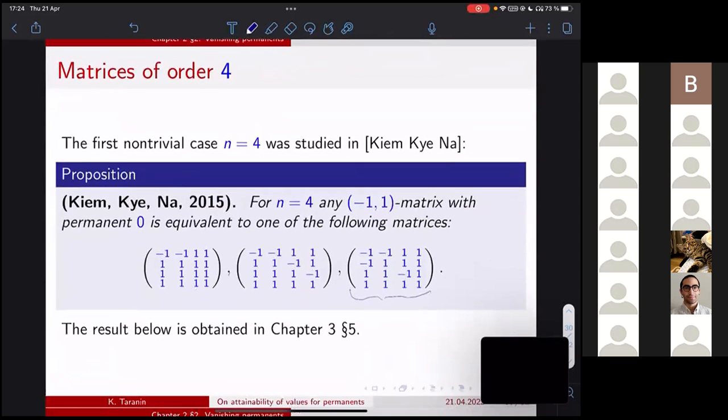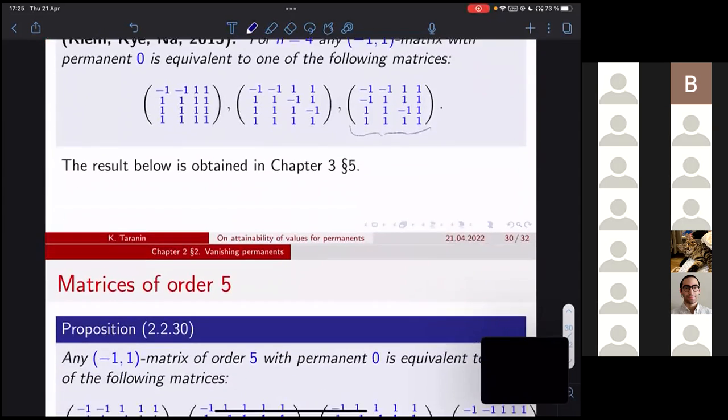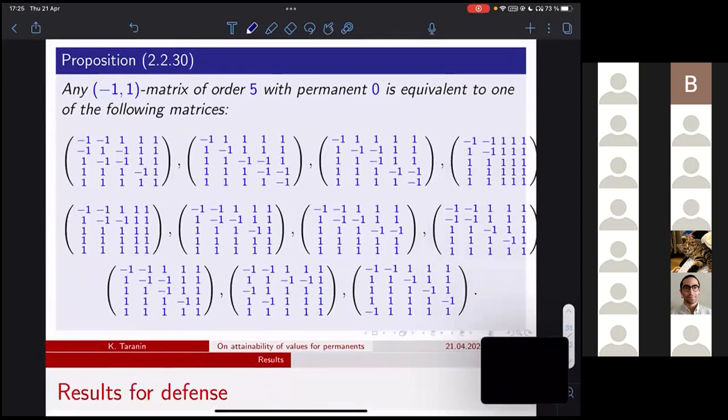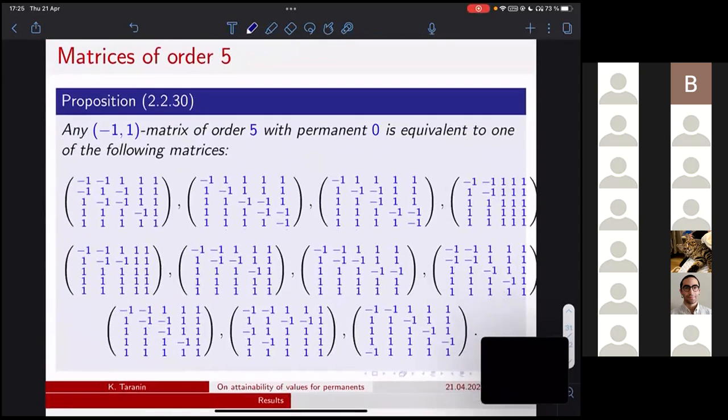So basically for n equal to 4, they found that there are 3 classes of matrices with permanent 0. And I found that for n equal to 5, there are 11 classes of matrices with permanent 0.